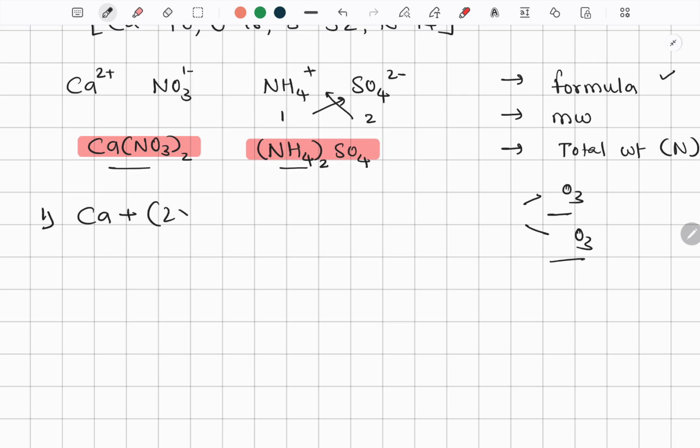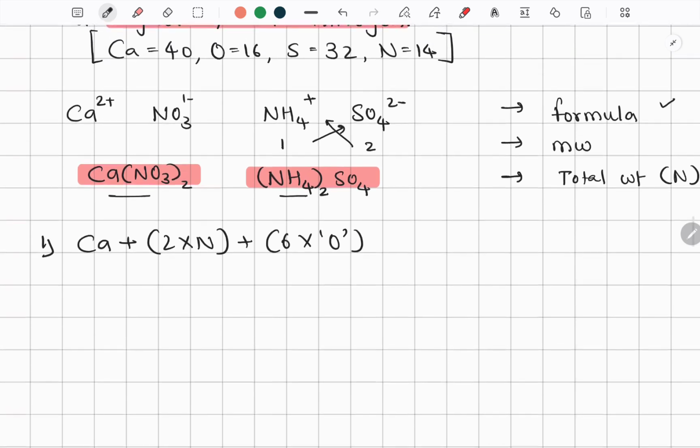So 2 into nitrogen plus how many oxygen? 3 plus 3 is 6, so 6 into oxygen. The atomic weight of calcium is given as 40. So 40 plus 2 into 14, nitrogen is 14, plus 6 into 16, which is the oxygen.